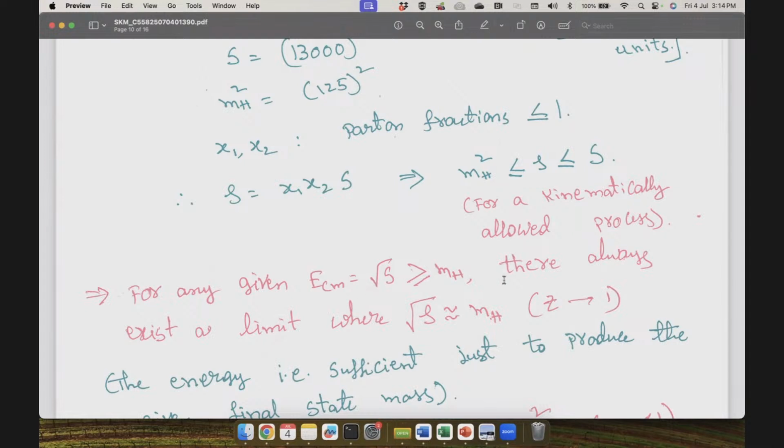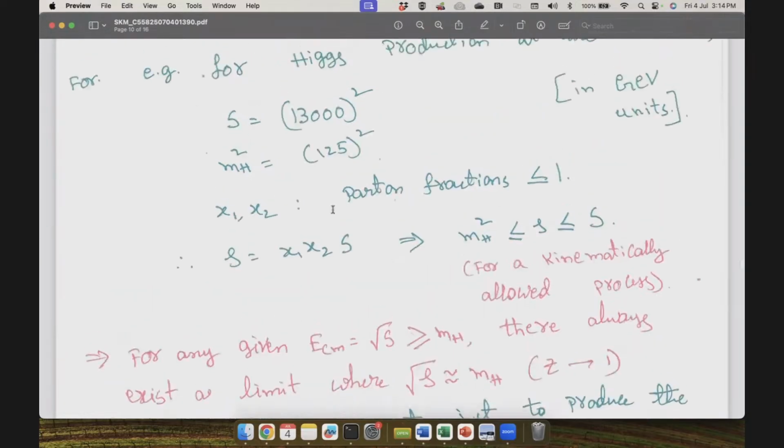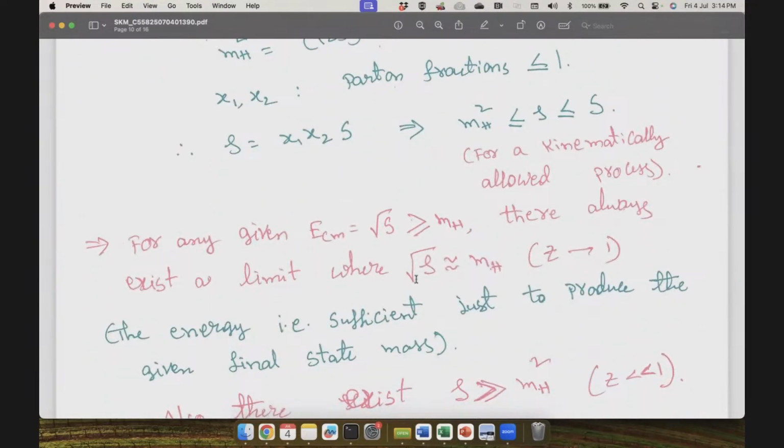So capital S is always greater than mH squared, but small s can vary anywhere in between. Which means there also exists a limit where small s can be close to mH squared, because these momentum fractions keep varying from 0 to 1, subject to the condition that small s equals x1 times x2 times capital S. In that case, the total energy of the incoming partons is just sufficient to produce your given final state mass.